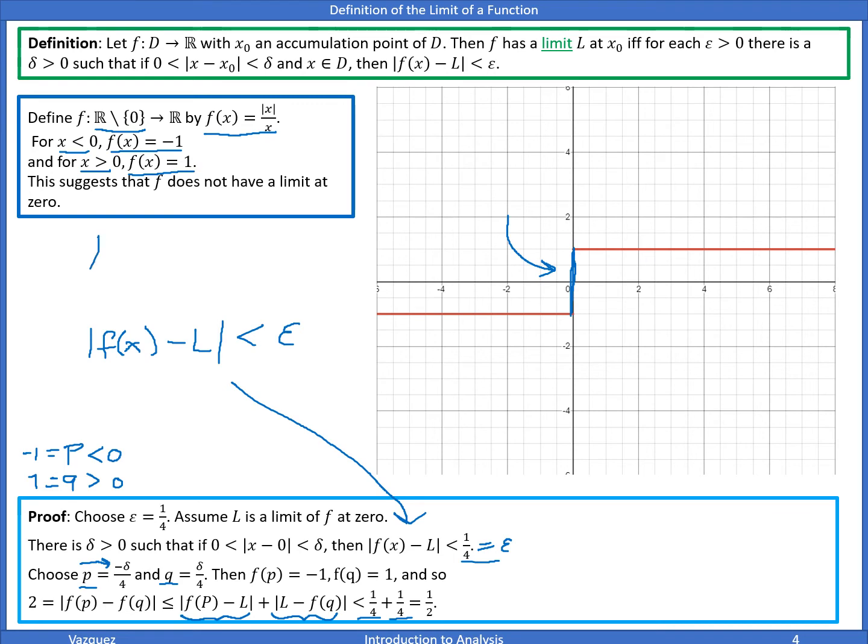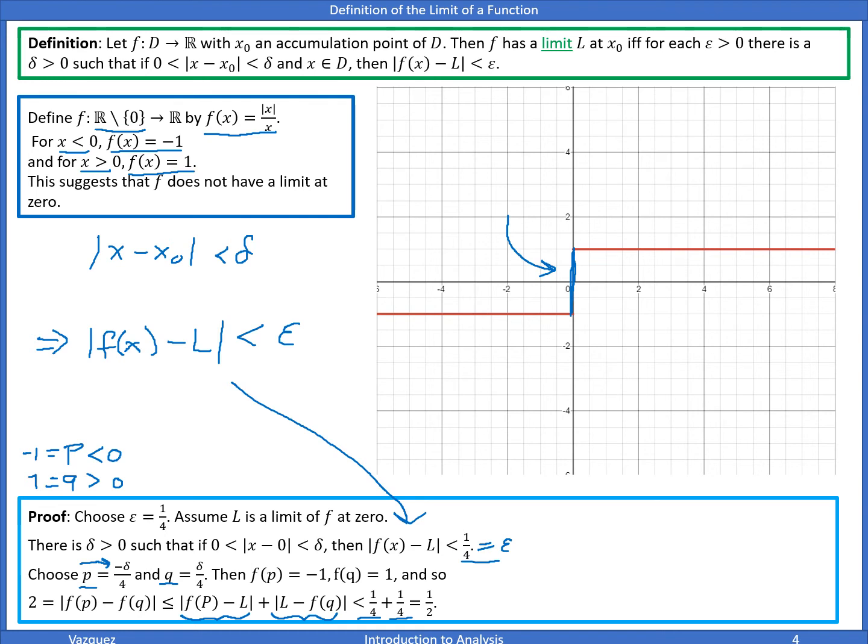Remember, we need |x - x naught| less than delta for this to apply, right? So |f of x minus L| is less than epsilon for any such x.